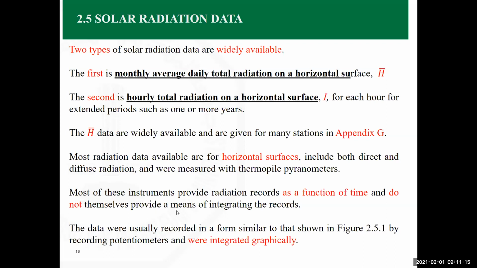Most of these instruments provide radiation records as a function of time. It is operating all day, and all the values that fall are recorded and saved in a file.